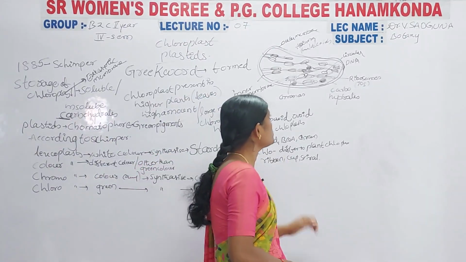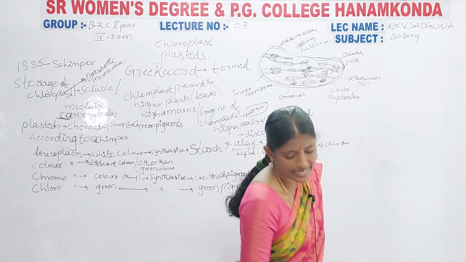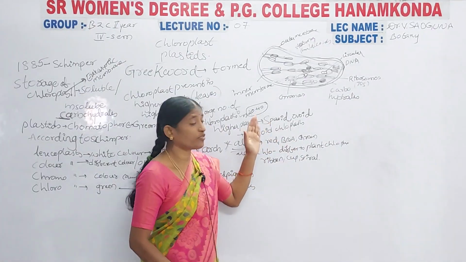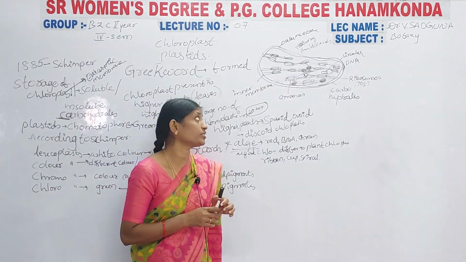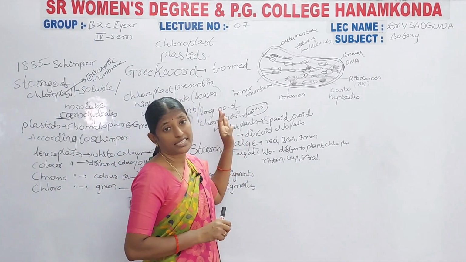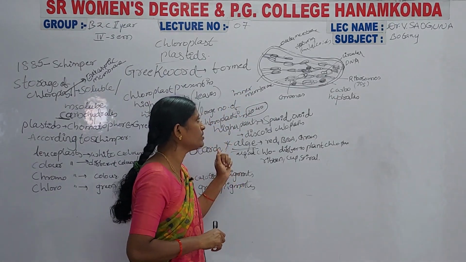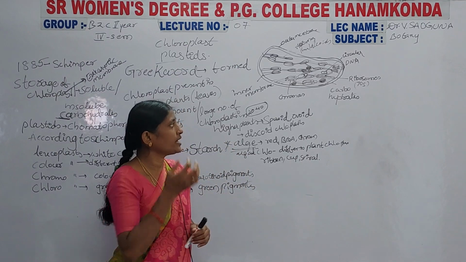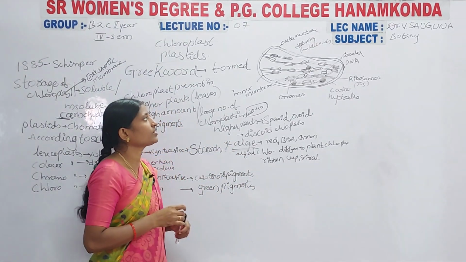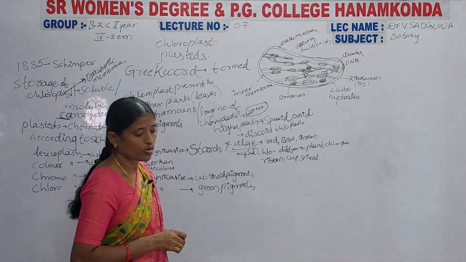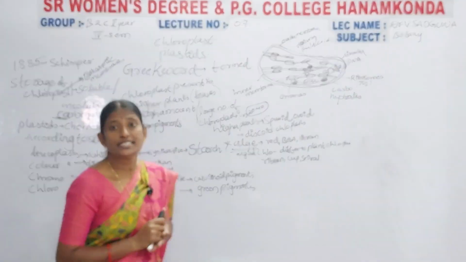So the chloroplast has different structures: two layers of membrane, outer and inner; granas, carbohydrates, 70S ribosomes, circular DNA, and stroma thylakoids.